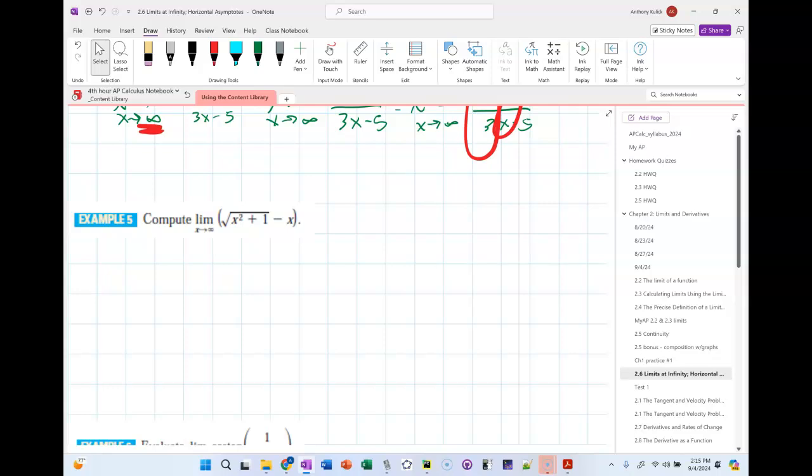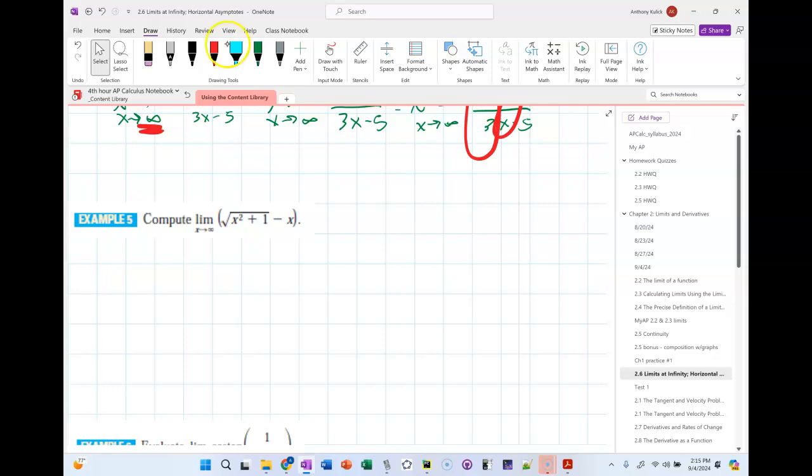Well, we're just asking for a limit here, right? Just wants the limit as x approaches infinity. This is 0. This is 0. Would you like to see why?